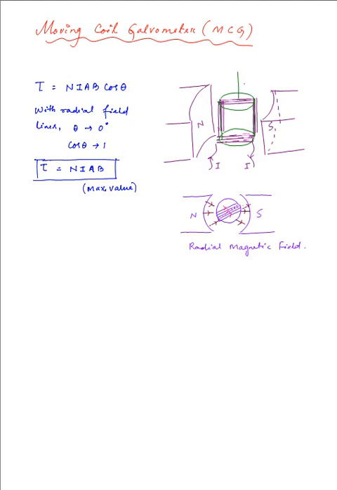Now with this arrangement, this is more or less the construction of the moving coil galvanometer, with the rectangular coil arrangement set over the cylindrical core placed between the cylindrical poles.